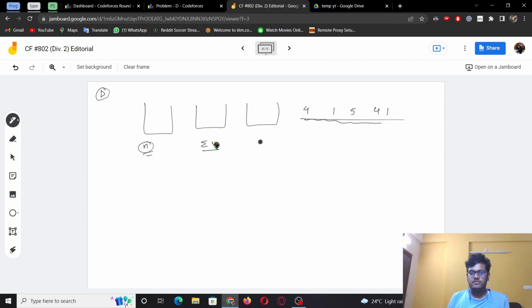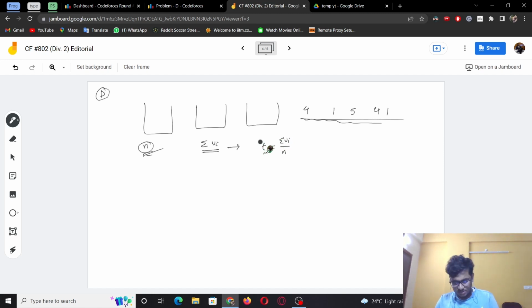Say in the best case scenario that we have all the n taps open, even then this would take us a time of sigma vi by n, and this will be the minimum amount of time that we can fill it in ideally.